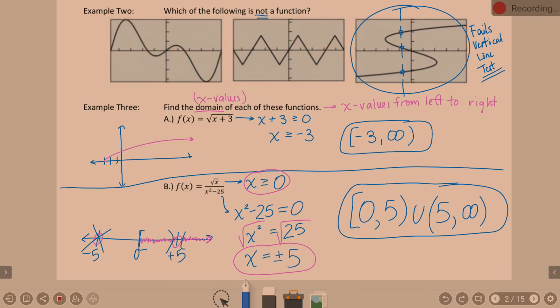Does it agree with my answer? Do you see anything over here to the left? No. And now, if I hit trace, it always plops you on the y-axis when you hit trace. If I go left, notice what happens. I have no y value, do I?